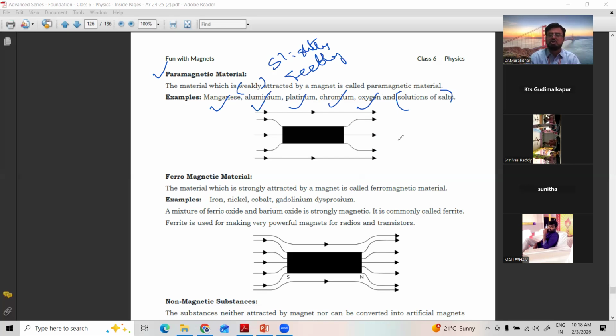Whenever salt dissolves in some solution, the salt solution is also a paramagnetic material. When you add salt into water, pure water is diamagnetic, but salt water is paramagnetic.